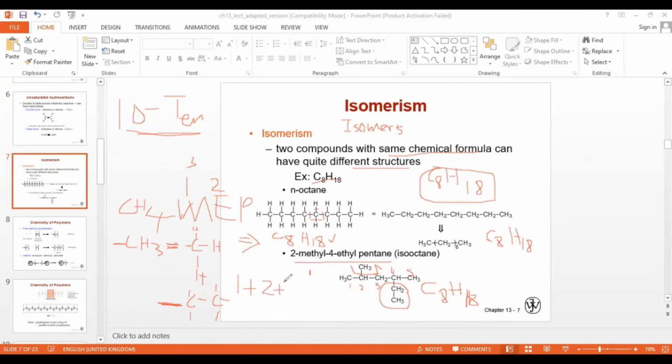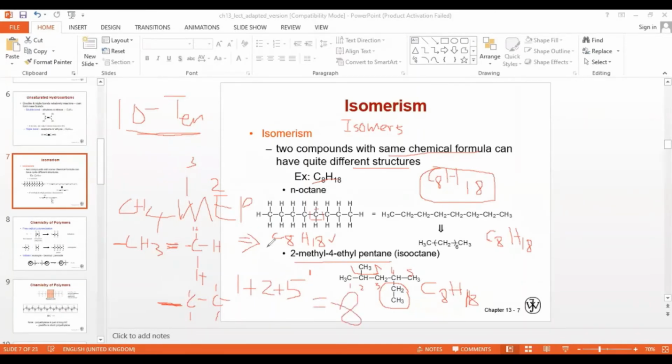In the fourth carbon there is ethyl, ethyl means 2 carbons, that is 2, plus pentane. In pent I told you that is 5 carbons. If you add together, 1 plus 2 is 3, 3 plus 5 is 8.